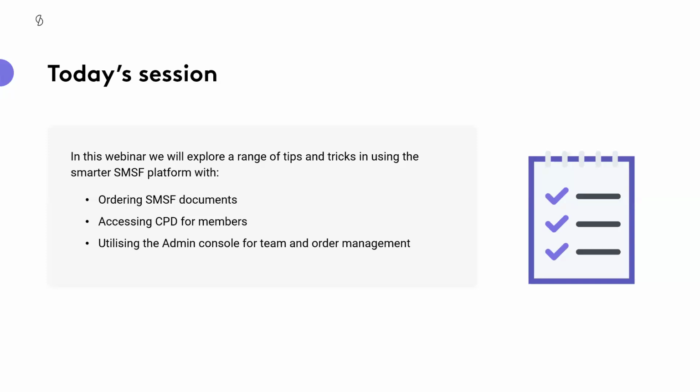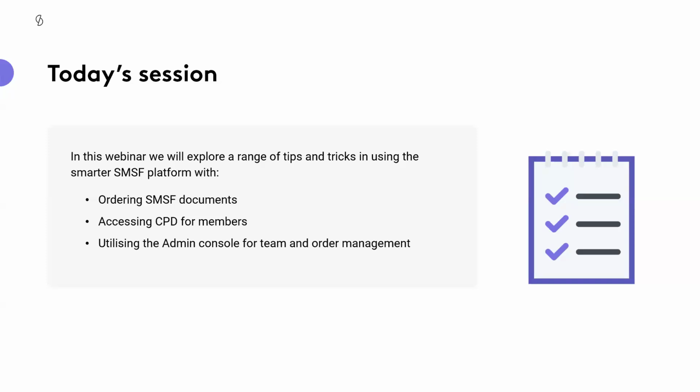And then, as I said, we'll look at the functionality, which is linked to the ordering of documents, but is certainly expanding in its overall functionality. And that is around the admin console. And we use this admin console for our team and order management. So teams, both in the context of our SMSF documents, but equally for our CPD business subscriptions and also in respect to support as well.